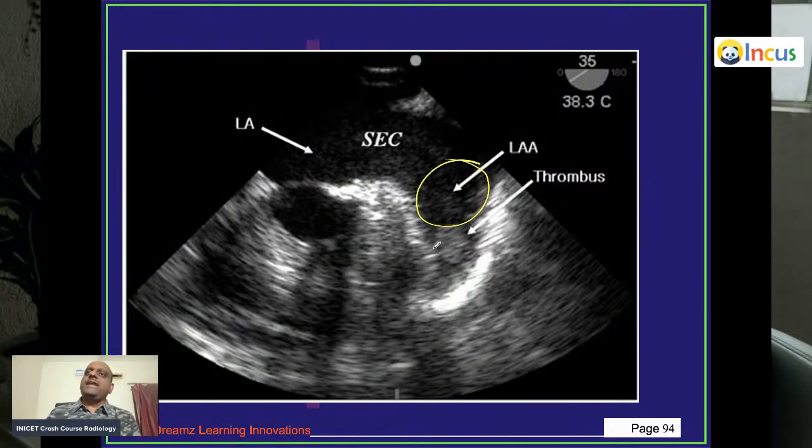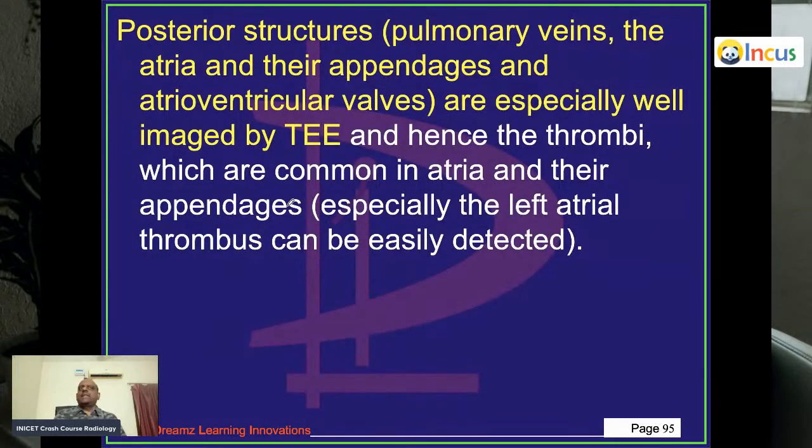So this is the left atrial appendage, and here you can see the thrombus is what you need to remember. So whenever you look at the heart, the posterior structures like pulmonary veins, atria, appendages, AV valves, they're all especially imaged with a transesophageal echo.